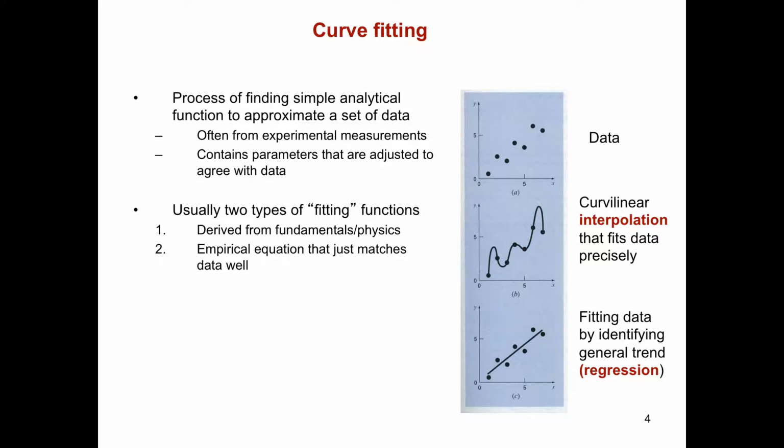We could try to fit that data with a function, so these are my data points, and you're trying to fit a function precisely to that data. This is actually a polynomial. You will get something like this, and that's not necessarily physical, because data inherently also has noise.